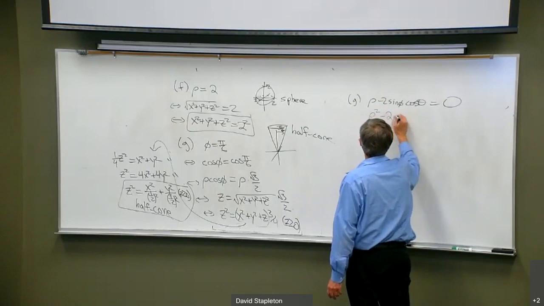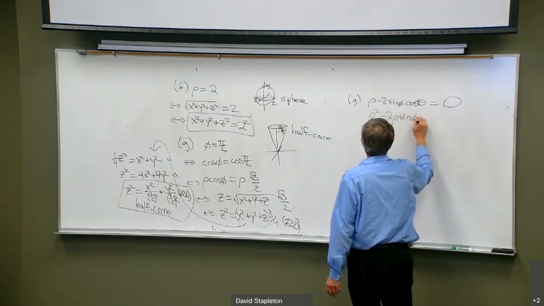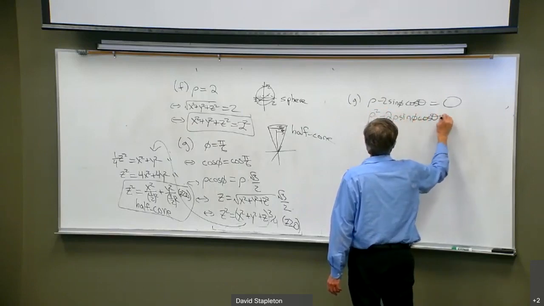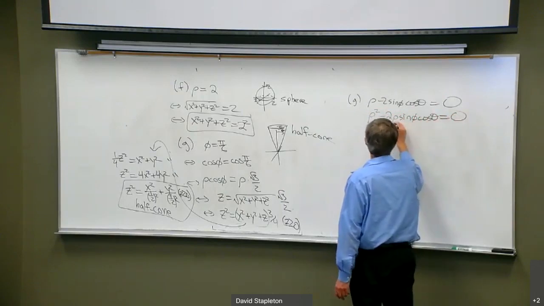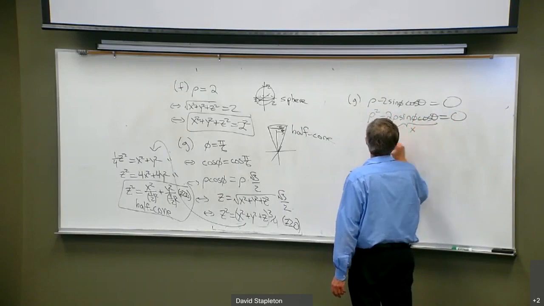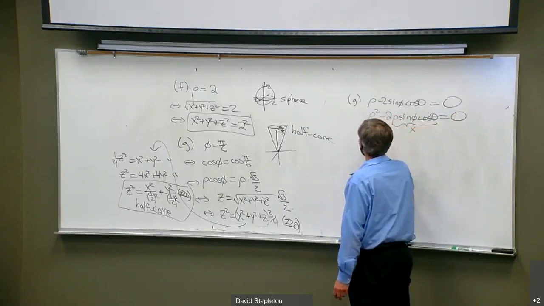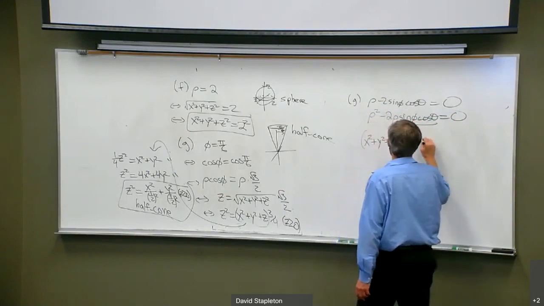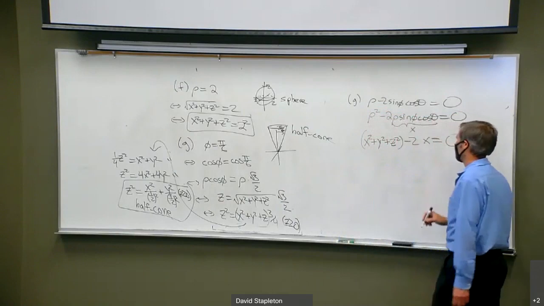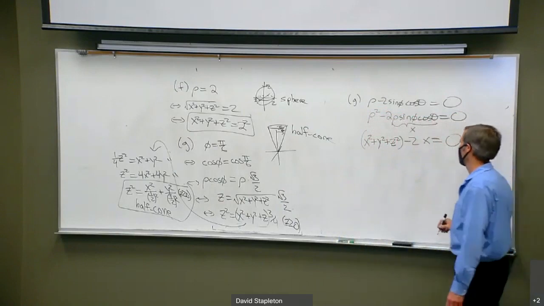Rho squared minus 2 rho sine phi cosine theta equals 0. Now I can convert it. Now I have rho sine phi cosine theta, this is just x. And so I have rho squared is x squared plus y squared plus z squared by the conversion equation, minus 2x equals 0. And what am I going to get out of this?